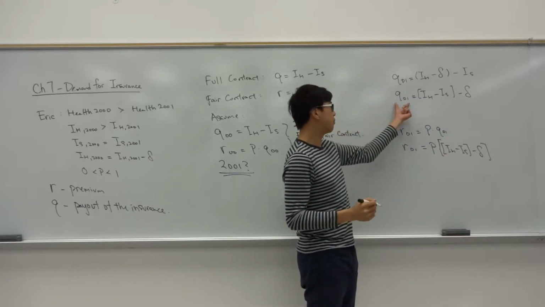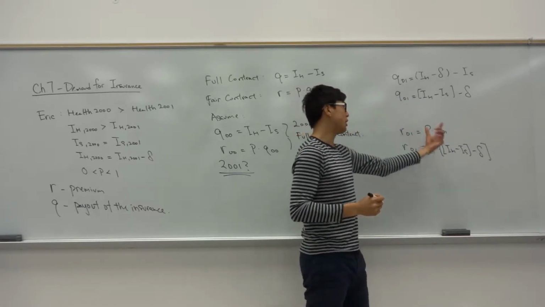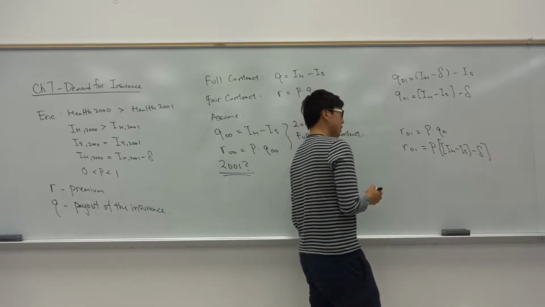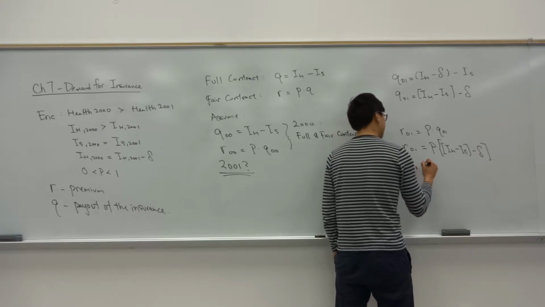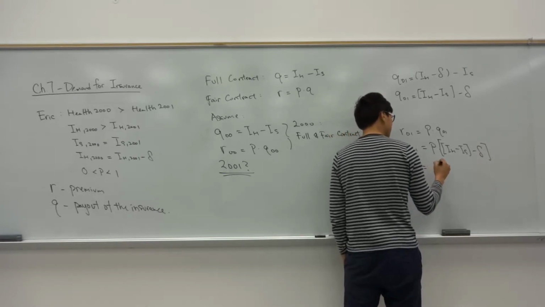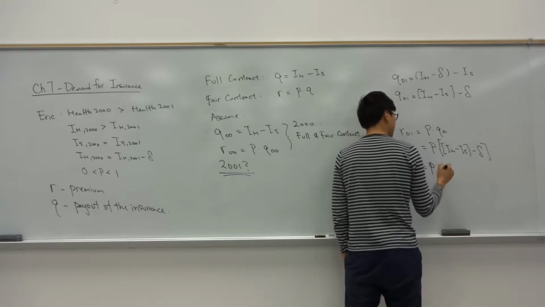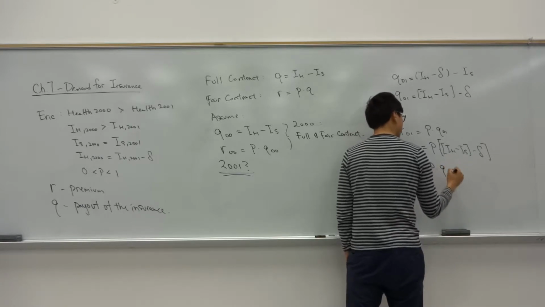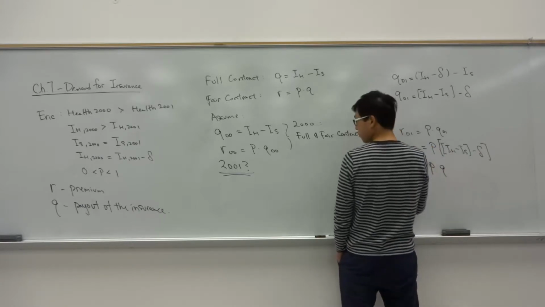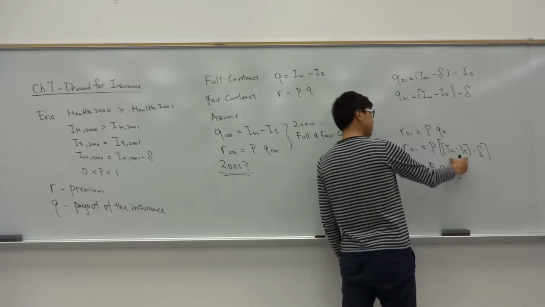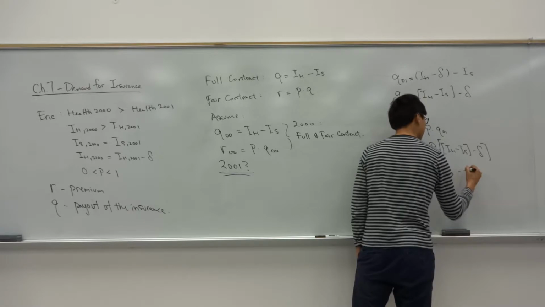Right? Because we are moving this equation down to the bottom. So the premium paid by Eric in the year 2001 will equal P times Q00, right? This is basically Q00, minus P times delta.